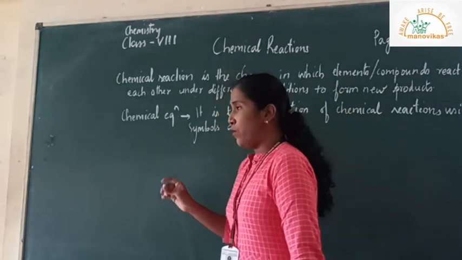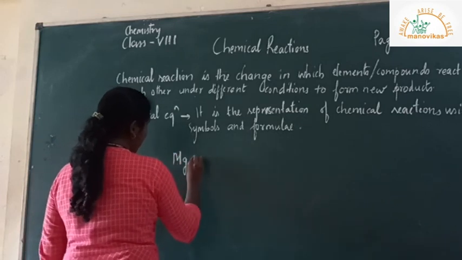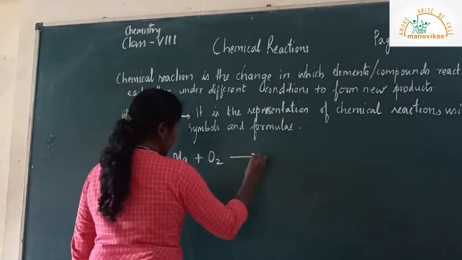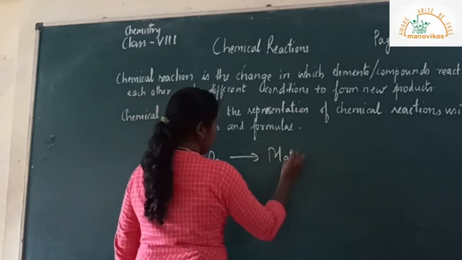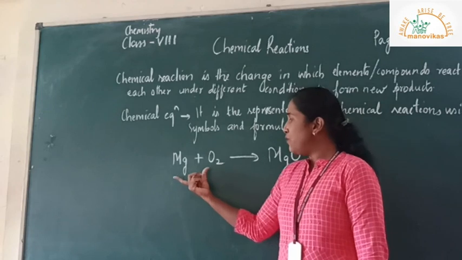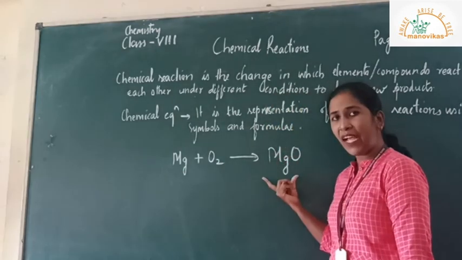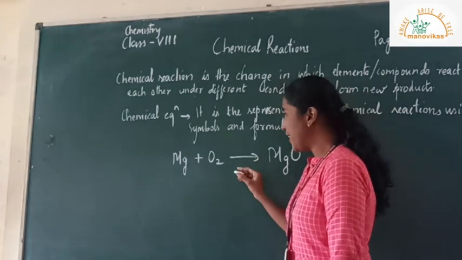Okay. Now let's take an example. We have Mg plus O2 gives magnesium oxide. So here Mg plus O2 is written on the left hand side and whatever products we have obtained are on the right hand side.